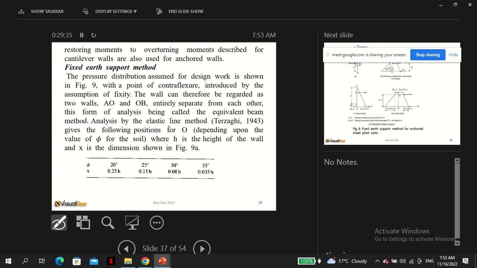Analysis by the elastic line method, Terzaghi gives the following positions for O depending upon the value of phi for the soil, where h is the height of the wall and x is the dimension shown in figure 9a.